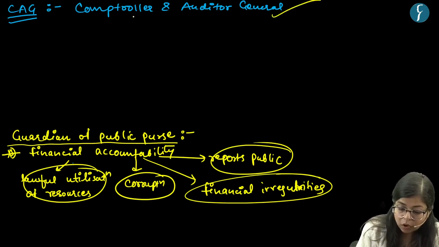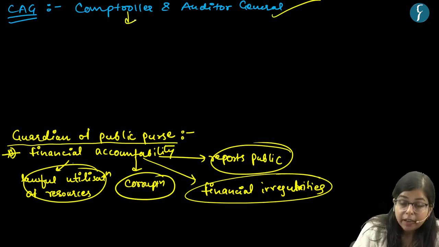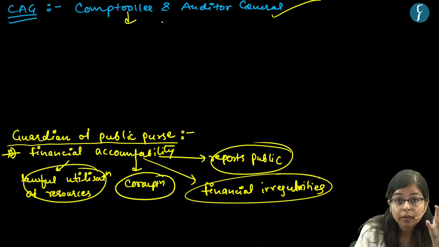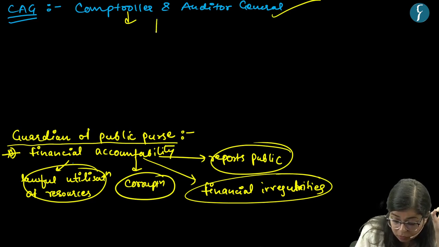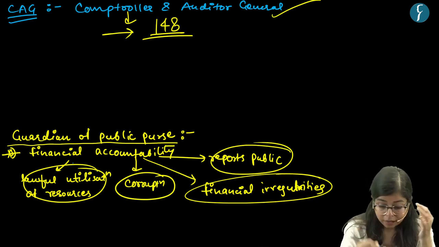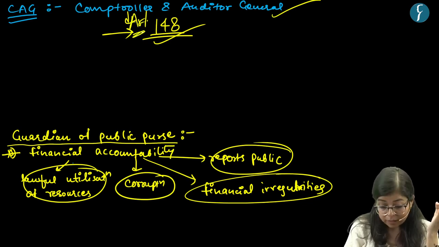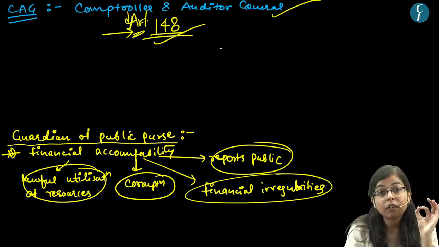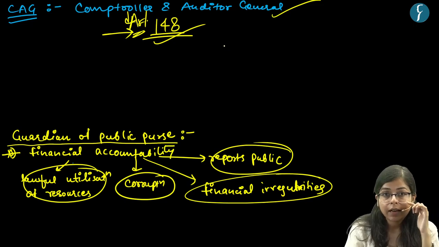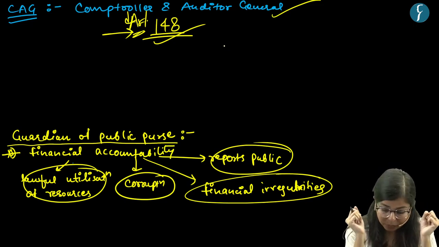This is also known as Controller and Auditor General, right? So, the Controller and Auditor General of India is an independent constitutional body, right? And its importance can be gauged from the fact that this body is a constitutional body, right? And the formulation of this office is under Article 148 of the Indian Constitution, that there should be a CAG in India, Comptroller and Auditor General in India.